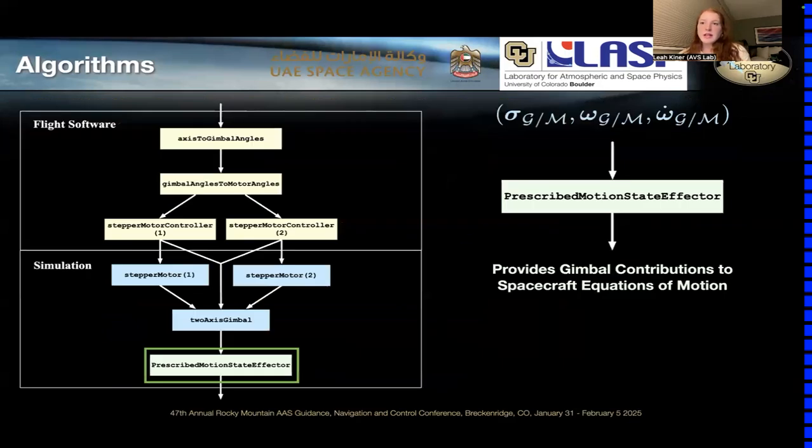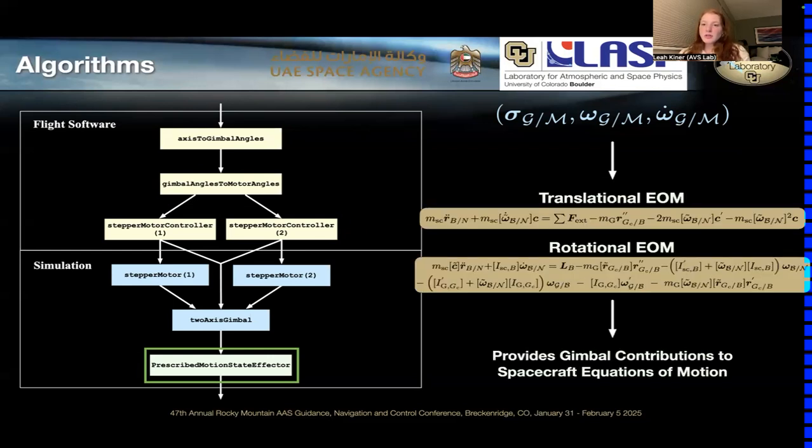And so finally, that last module, I actually presented this work 2 years ago at the ASGNC conference, where we developed a prescribed motion state effector module that provides the contributions of any prescribed motion component back to the overall spacecraft equations of motion. And so here are those equations of motion. We have the translational and rotational equations of motion for a rigid spacecraft hub with a connected prescribed motion component.